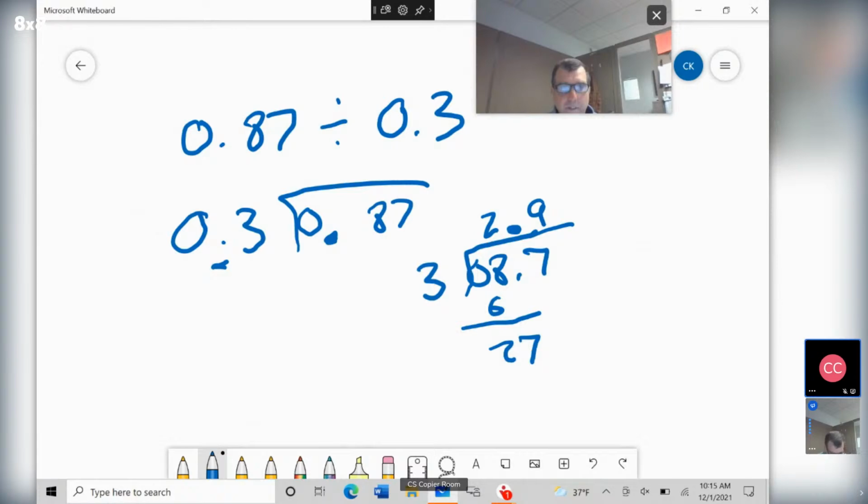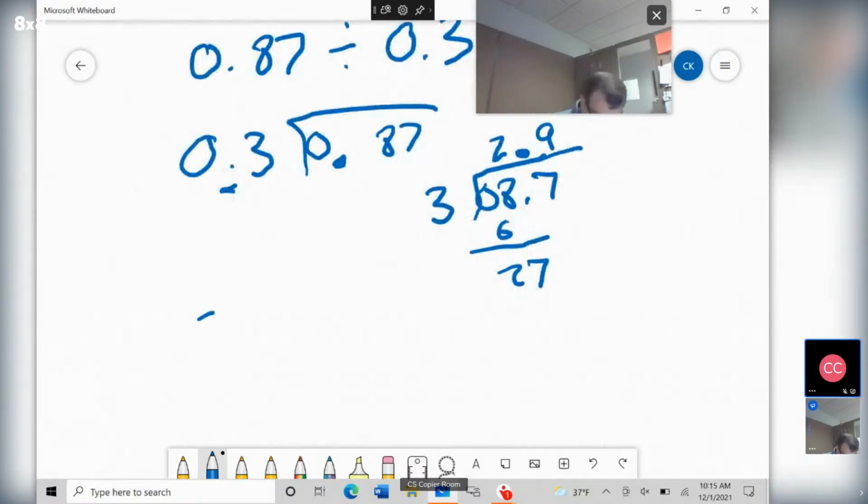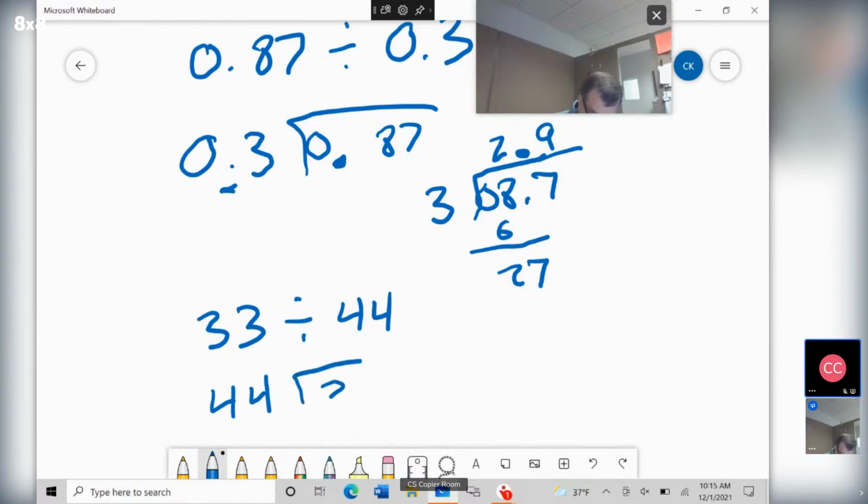Just remember too, to go over this again, because I think this gets confusing for some of us: if it's 33 divided by 44, this number, 44, is going to go on the outside, and the 33 is going to go on the inside, because you're dividing by this number, and that's always going to go on the outside.